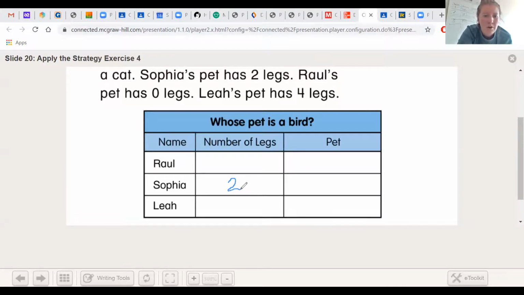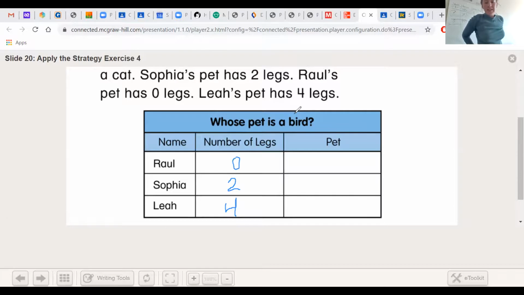Okay. Raul's pet has 0 legs. And Leah's pet has 4 legs. So I'm gonna write 4 right here. If their animals were a bird, a snake, and a cat, can you figure out which pet goes where? Go for it.